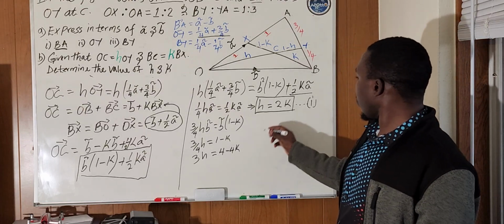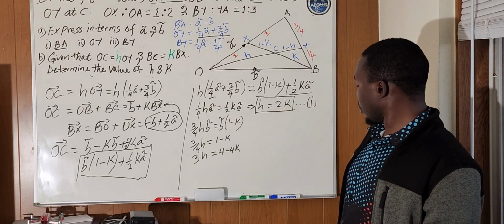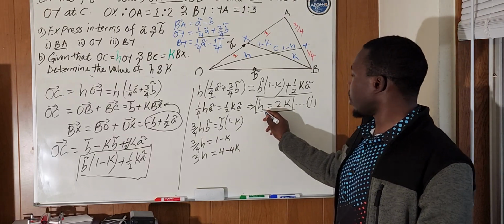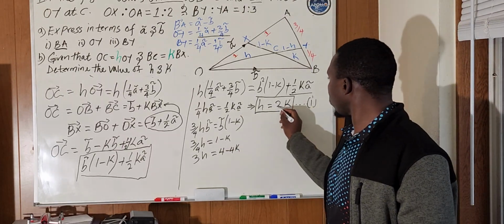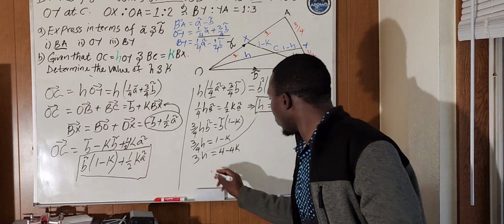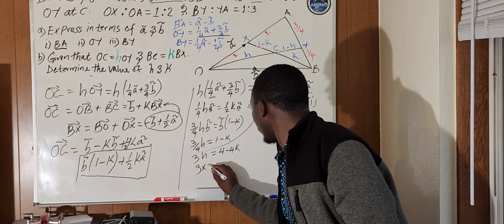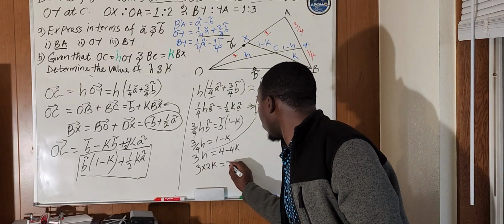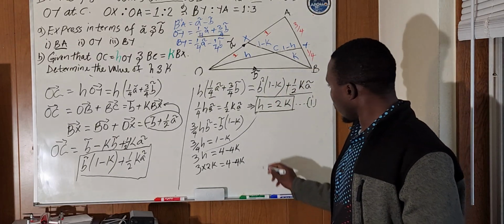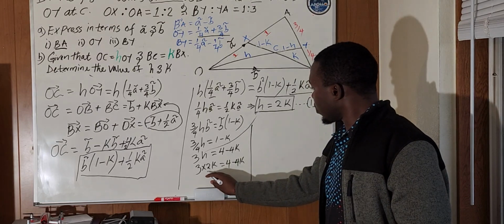Since we know the value of H from our first equation, we can substitute this into our second equation here. The value of H is equal to 2K. So if we put this value of H here, we'll have 3 times 2K equals to 4 minus 4K. So this is 6K.